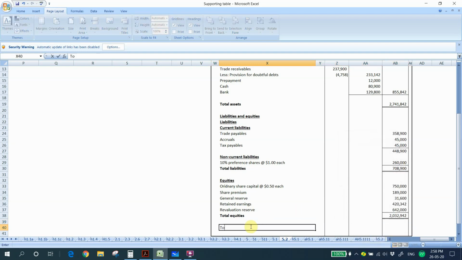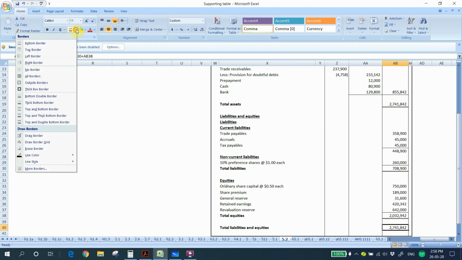And then we have to add the total liability plus equity. The sum of your liability and equities must equal to your total asset, so that your statement of financial position is balanced.